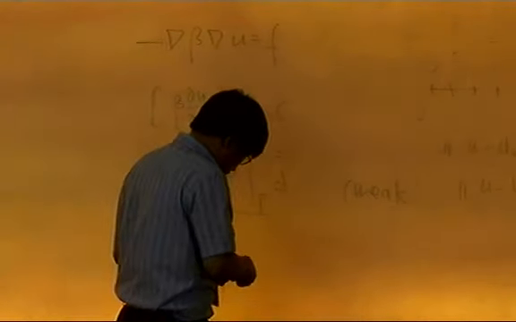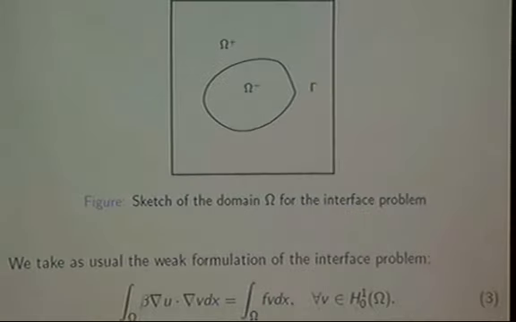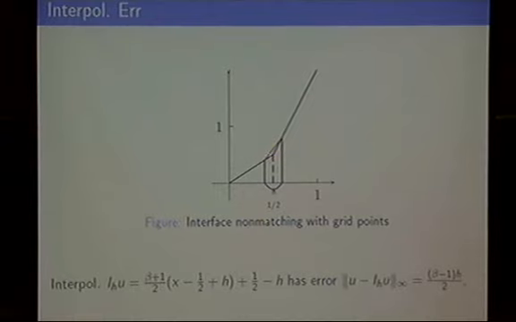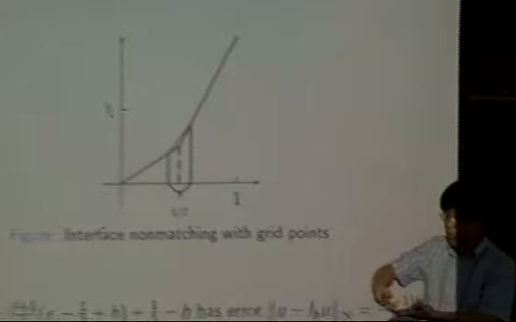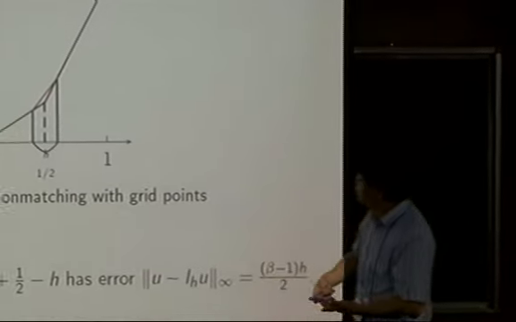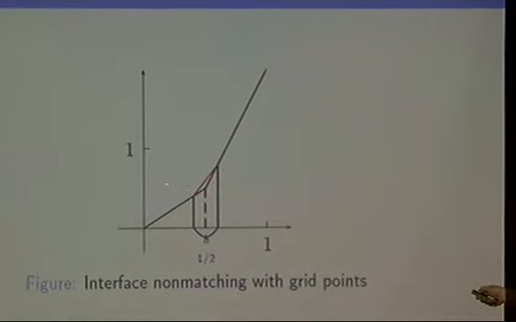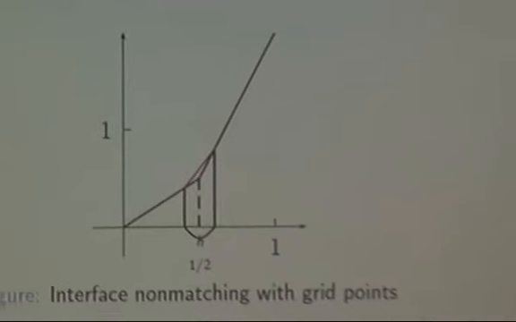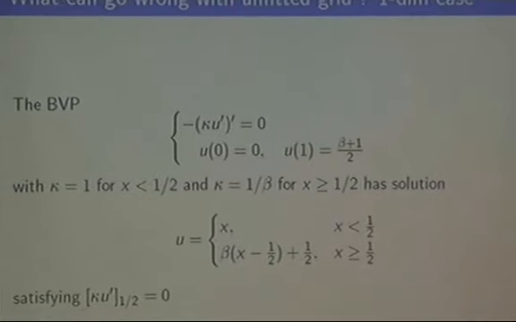So how do I make it? You can look at the one-dimensional graph here. Okay. At this interface, the true solution is broken there. So why don't we make the two-dimensional basis function that looks like that, so that it satisfies the jump and the flux condition, weakly.